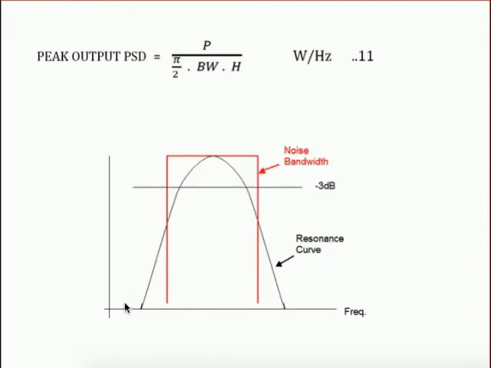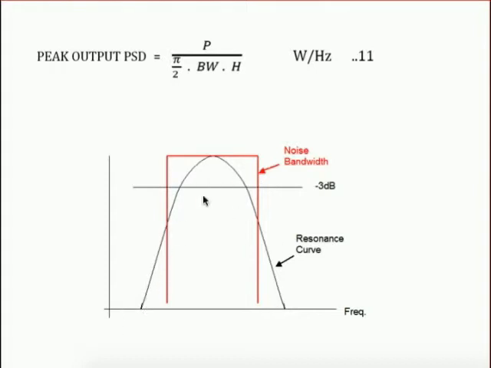Now let's just digress a little bit and work out what the peak output power spectral density will be. We're saying that this system is going to take wideband input noise and it's going to filter it by a very narrow function. So this is the function we're going to filter it by.